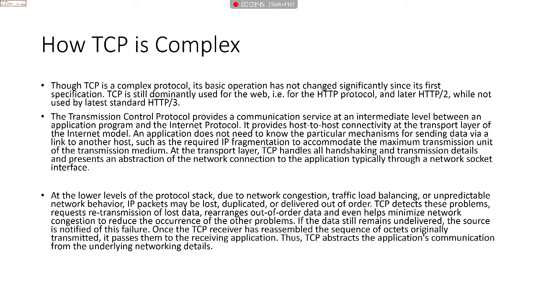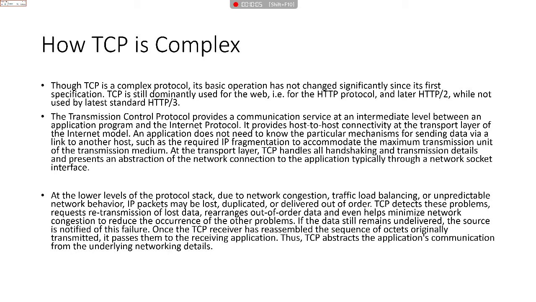The Transmission Control Protocol provides communication services at an intermediate level between an application program and the Internet Protocol. It provides host-to-host connectivity at the transport layer of the Internet model.